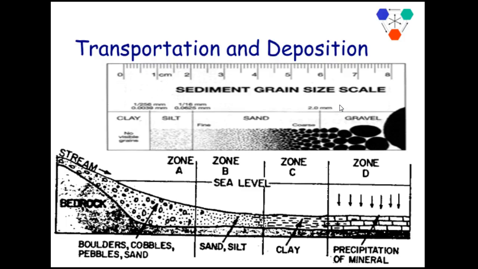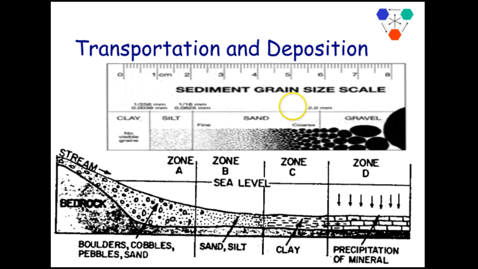The smallest sediments make up clay. In fact, when you see clay, there are no visible grains. So here's our smallest now, and you can see how small they are, less than a centimeter. No visible grains. Then that's followed by silt. Then fine sand, coarse sand, and then what we call gravel.